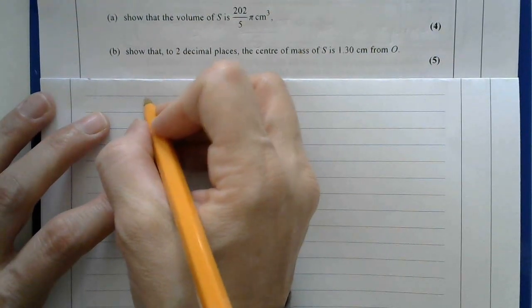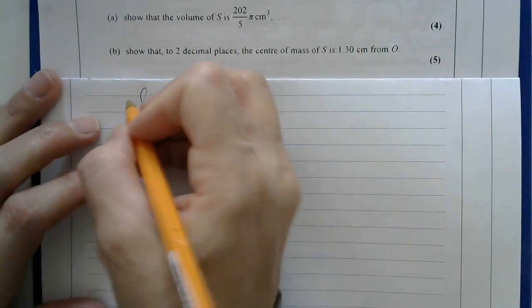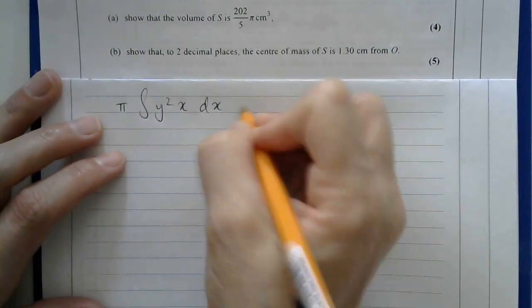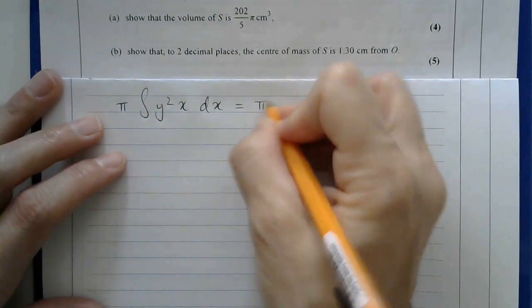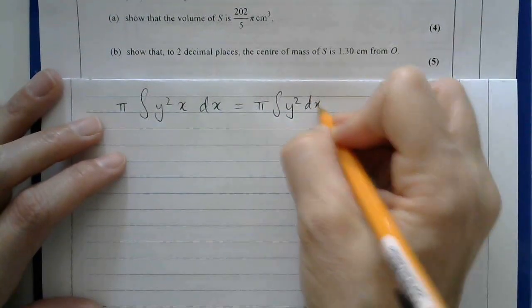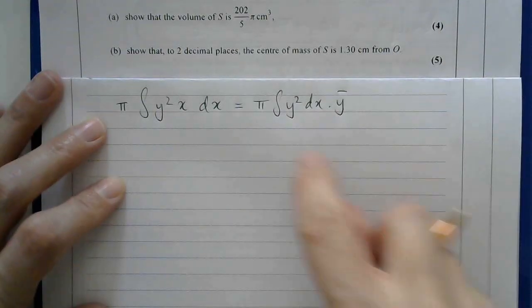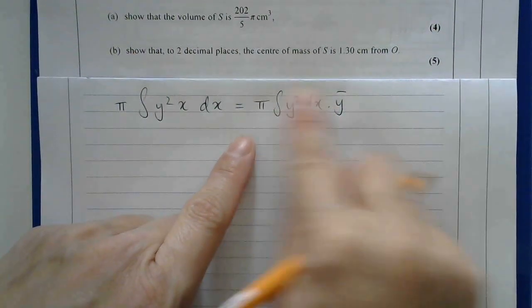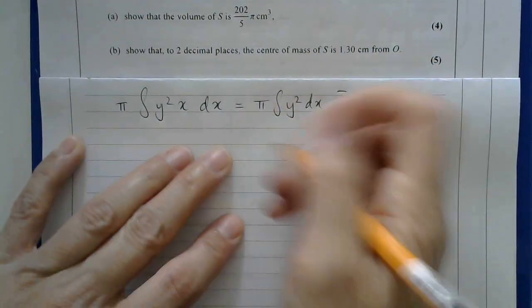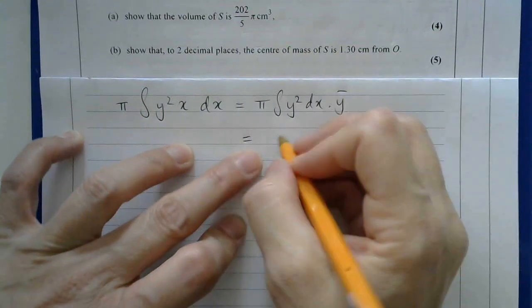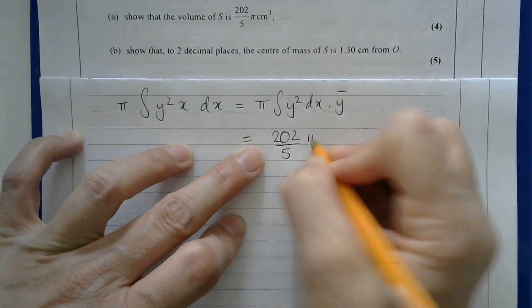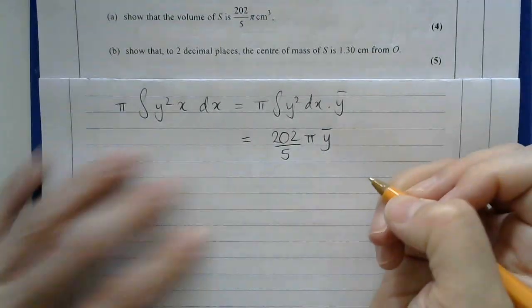So the formula that you should be using is pi integral y squared x dx equals pi integral y squared dx multiplied by y bar. Now this thing here though is what I just worked out here, the volume of revolution. So on the right hand side I can just pop this thing, which was 202 over 5 pi y bar.